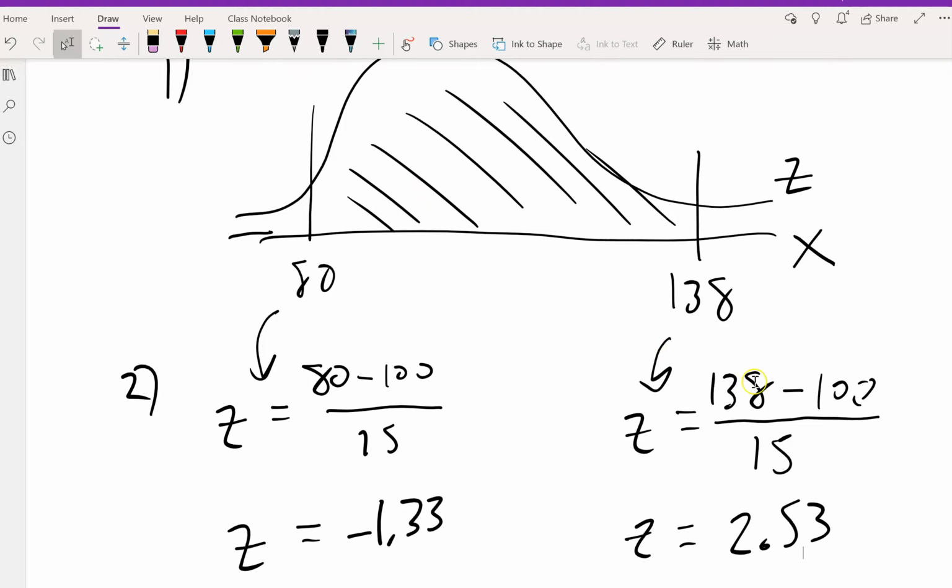If you scored 138 on the IQ test, you are 2.5 jumps above average. Again, the Z represents standard deviation jumps. You are over 2 standard deviations away from average, 2.5 to be exact. Wow. Anybody outside of 2 is really an outlier. So a person who scores a 138, good job.